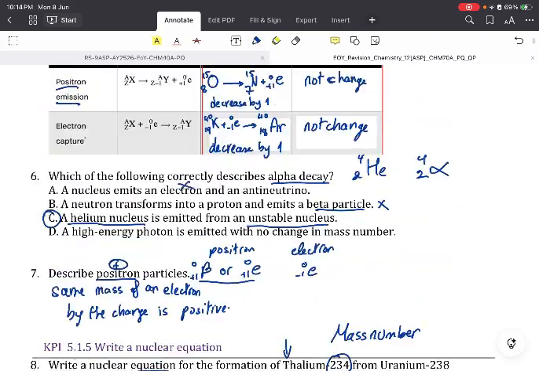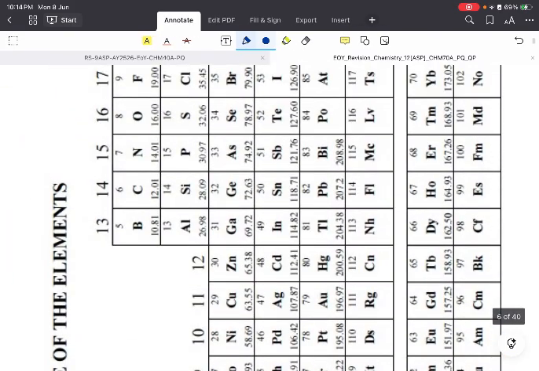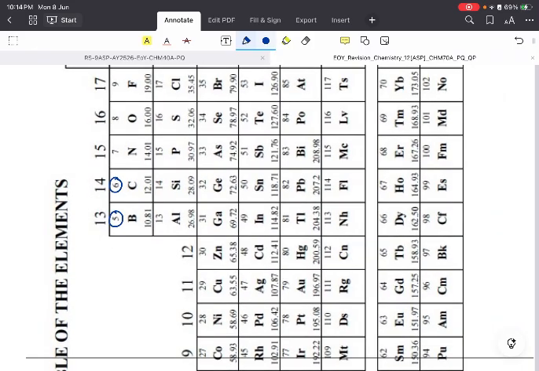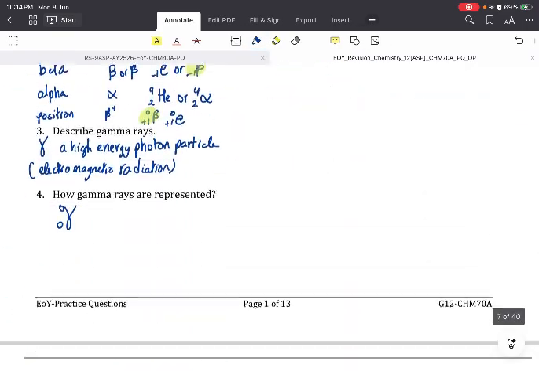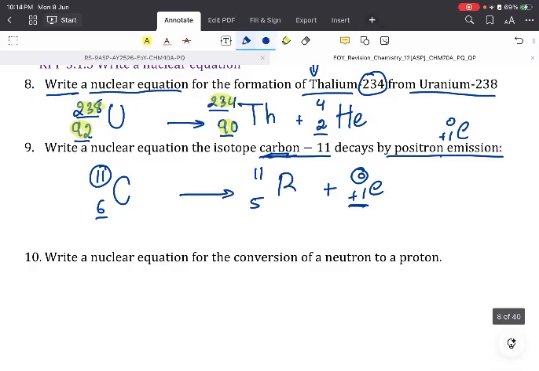Now let's go to the periodic table, and here's the carbon. As I told you, the atomic number of carbon is 6. Now which atom has atomic number as 5? It is boron. So the new symbol obtained is the atom boron.